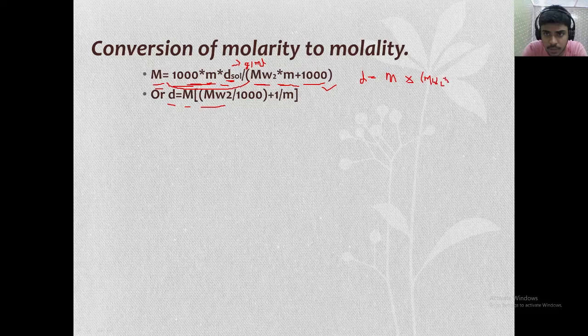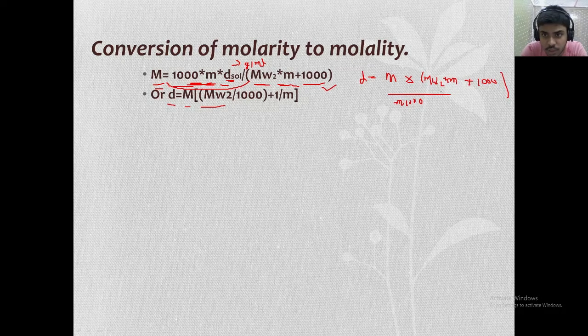into m. So my handwriting is very bad, so I'm very sorry for that. I've made a presentation, that's why, into 1000 by this one, molal into 1000, m by 1000. So you see what is coming here.